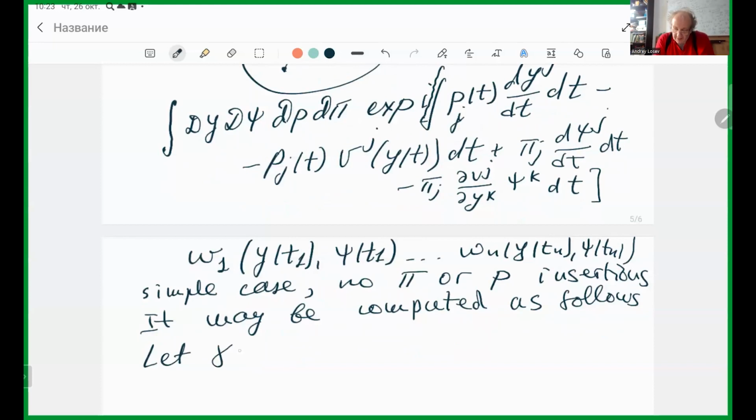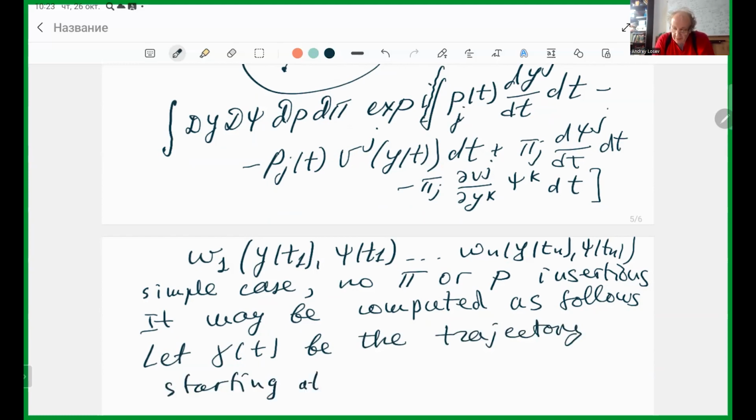Let gamma of t be the trajectory starting at y0, okay?